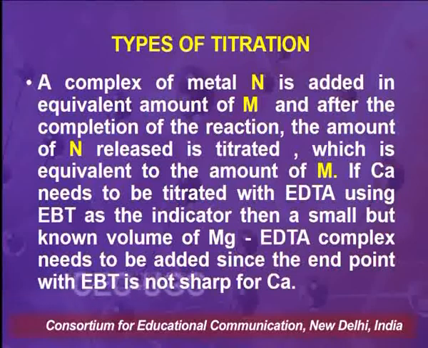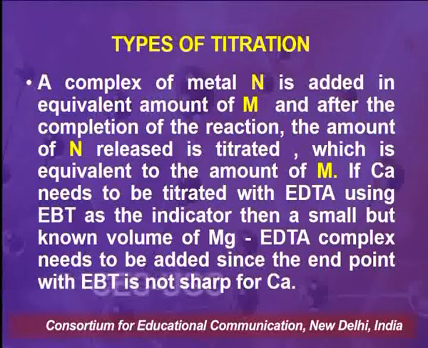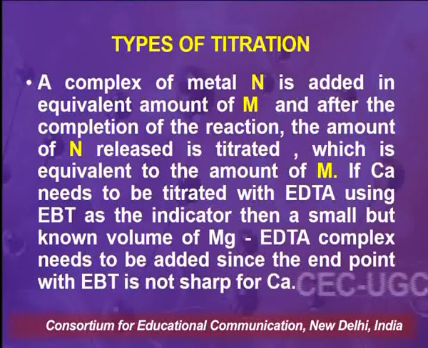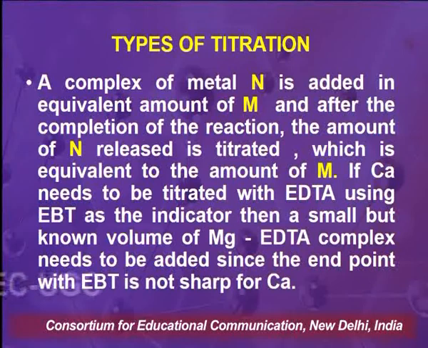So, if a calcium ion solution needs to be estimated, and we are using eriochrome black T as the indicator, then the calcium eriochrome black T complex, or as we say the calcium indicator complex, is very weak and it breaks as soon as it reacts with EDTA.